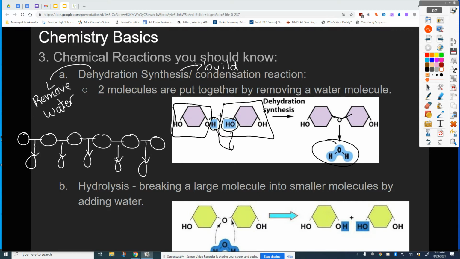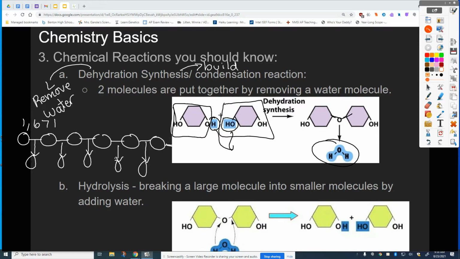So if I had 1,671 molecules that I needed to connect in one big long chain, how many drops of water would I get? 1,670 molecules of water to connect those, to make a chain, because every bond that forms between them gives one.